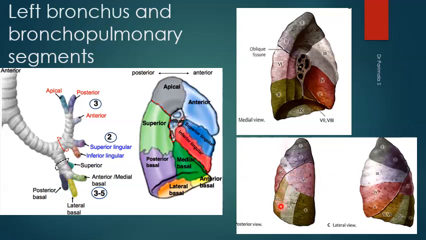Then the seventh and eighth are anterior basal and medial basal together. The ninth one is the lateral basal and the 10th one is the posterior basal segment. So these are the 10 bronchopulmonary segments seen in the left lung.